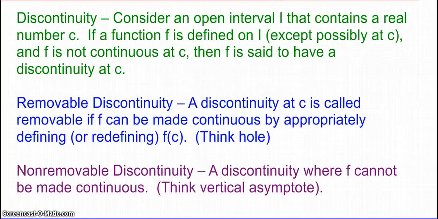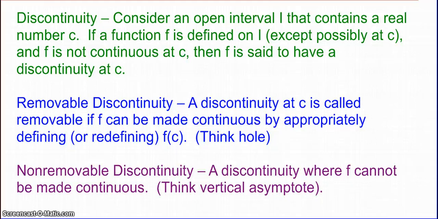Consider an open interval I that contains a real number c. If a function f is defined on I except possibly at c, and f is not continuous at c, then f is said to have a discontinuity at c. We have two types of discontinuities: removable and non-removable. A removable discontinuity is a discontinuity at c that can be made continuous by appropriately defining or redefining f of c.